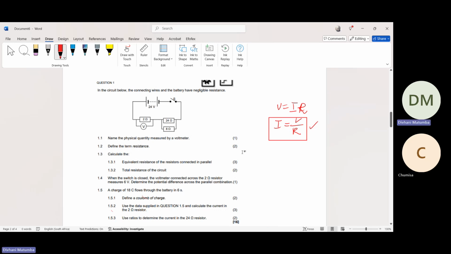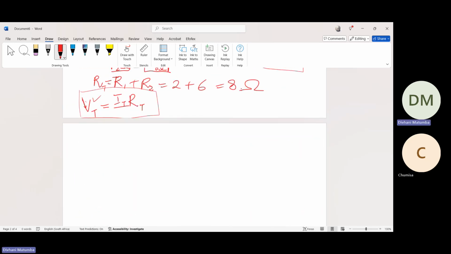24, sir. 24. Perfect. V total is equal to 24. Then we are happy, we got V total. Do we have I total? No, sir, we don't have. Do we have R total? Yes, sir. Perfect, which is 8. So can we find I total?